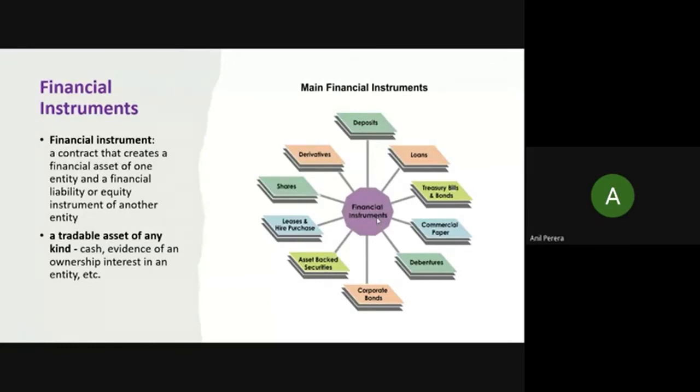In other words, it's a tradable instrument or an asset of any kind. Could be cash, evidence of ownership, could be a certificate, right? Likewise, there could be various forms. But very simply, when you are trading a financial instrument, you are entering into a contract with the other party.